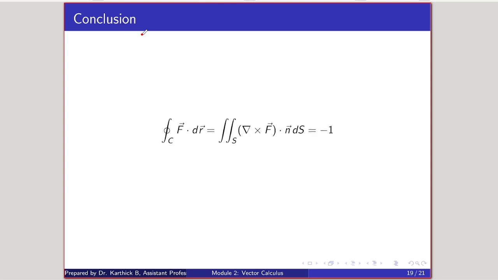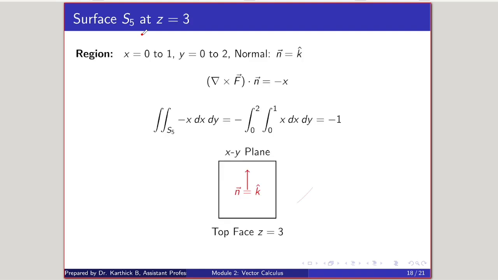So while adding up all these values, finally we get the RHS part. If I sum up all the surfaces, here I'm getting minus 1.